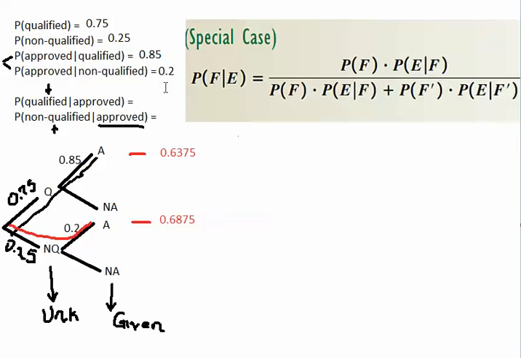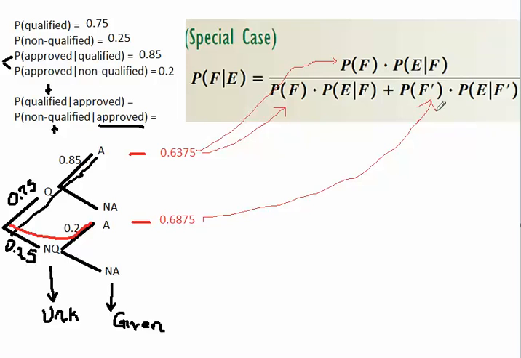Now, if you look again at your screen, you will realize that this branch is nothing else than this part and this part of the Bayes theorem, while this branch is equal to this part of the Bayes theorem.